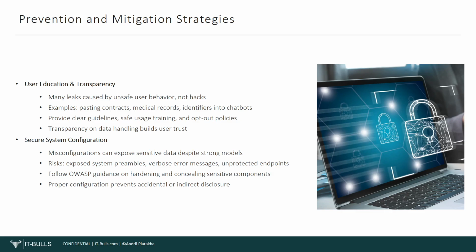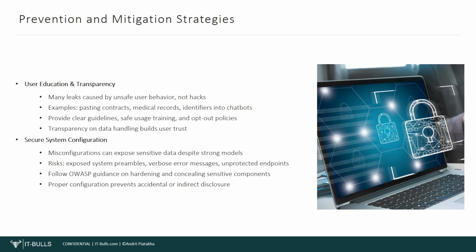The second defense is secure system configuration. Even the best trained model can leak sensitive data if the surrounding system is poorly configured. For example, exposing the system's preamble, the hidden instructions that guide the model, can give attackers insight into its internal logic and safety rules.